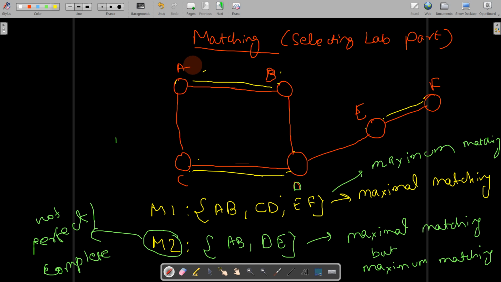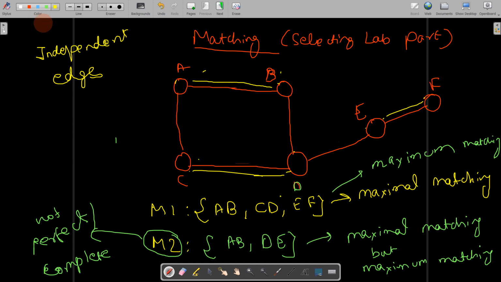Okay, so I forgot to tell you another technical term. Another technical term for this matching is independent edges. Independent edges means the edges which are not neighbors, or they don't have a student or a vertex common.